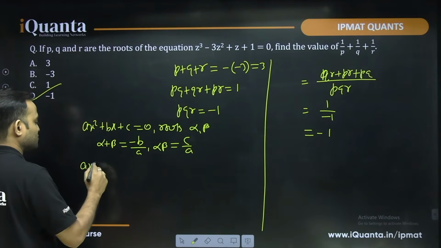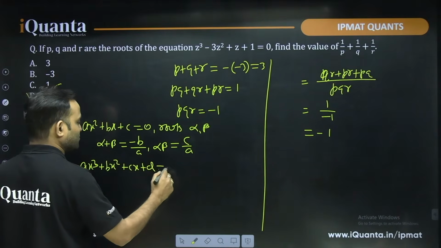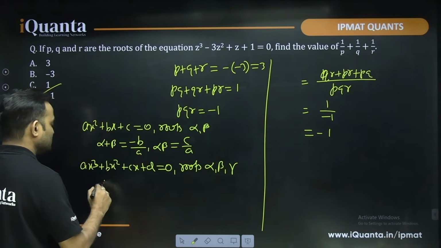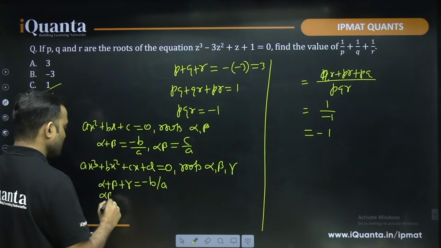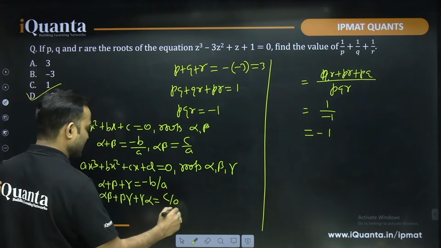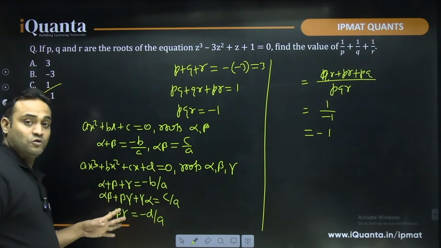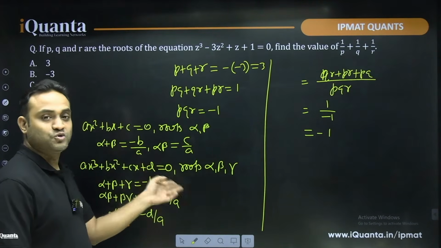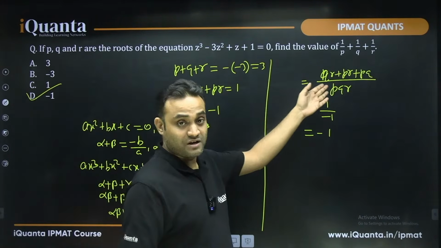If you have ax cube plus bx square plus cx plus d is equal to 0, and roots are alpha, beta, gamma, then alpha plus beta plus gamma is minus b upon a, alpha beta plus beta gamma plus gamma alpha is equal to c by a, and alpha beta gamma is minus d by a. This will follow even in higher degrees, okay? First single roots, then 2 roots at a time, 3 roots at a time, 4 roots at a time, and keep going like that. This is what we are using here, okay?